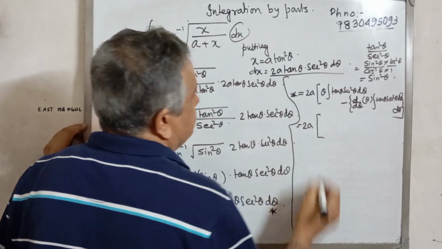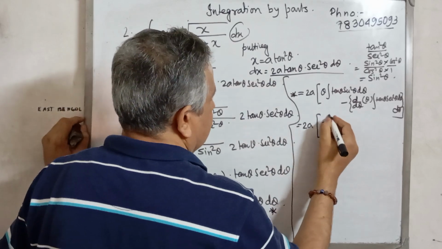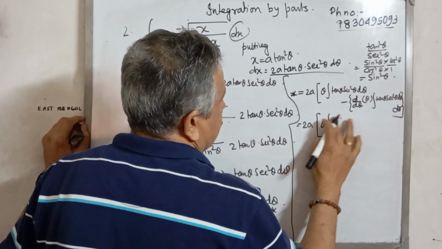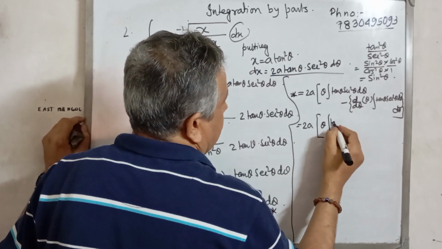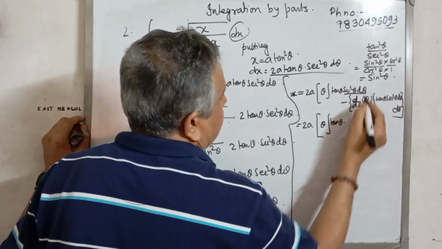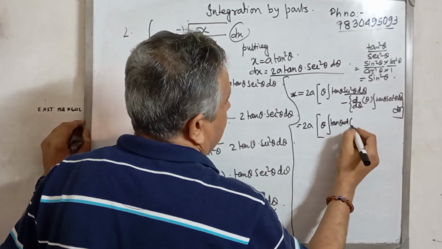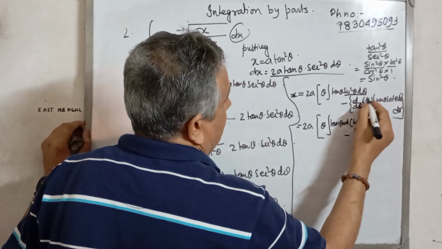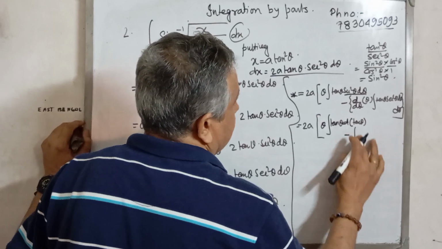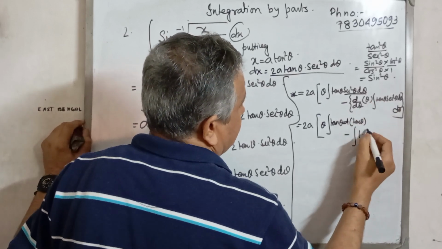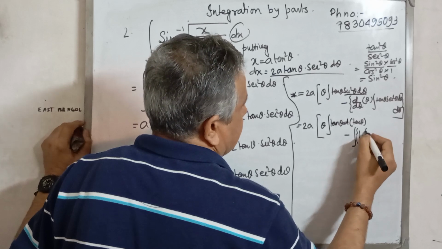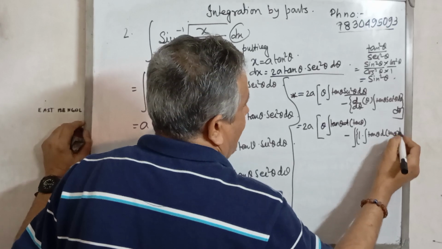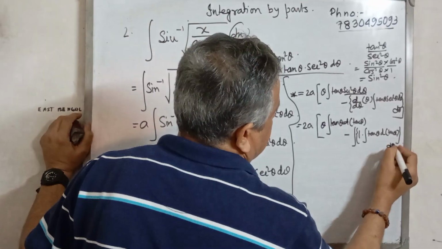Twice a theta, this is d of tan theta, tan theta, and sec square theta d theta means d of tan theta, minus d theta of theta is 1 into integration tan theta into d of tan theta d theta.